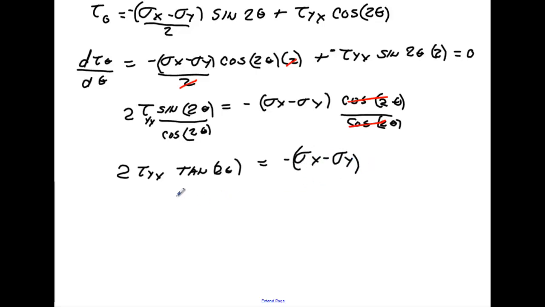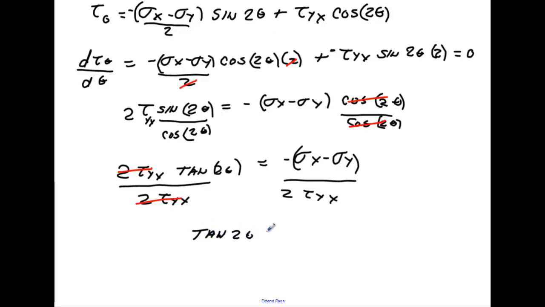Okay, and divide everything by 2, by the shear stress. And what happens here? You've lost this, you lost this, and now you're down to the tangent of 2 theta. It'll go to minus the normal of x minus the normal y divided by 2 times my shear stress.